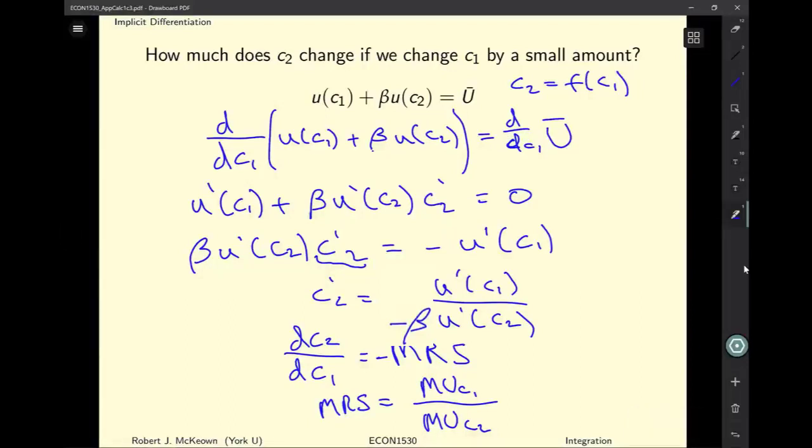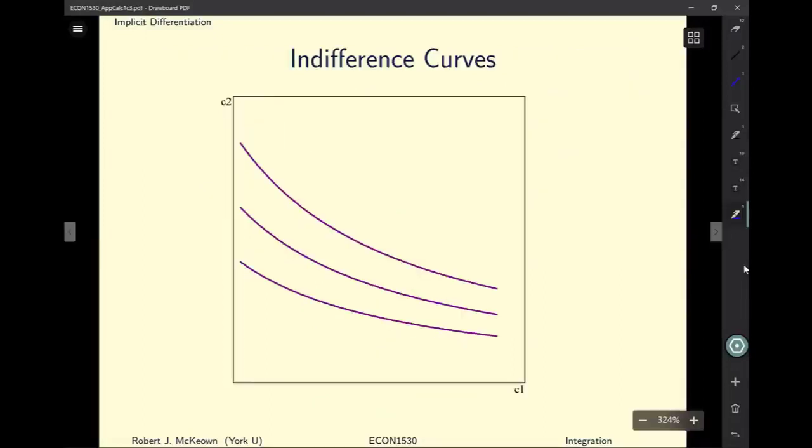What does this look like if we put it on a graph? What we've found is we've solved for the slope of an indifference curve. So these are different indifference curves. Remember that as we move up this way, we're getting more utility, capital U, is getting bigger.